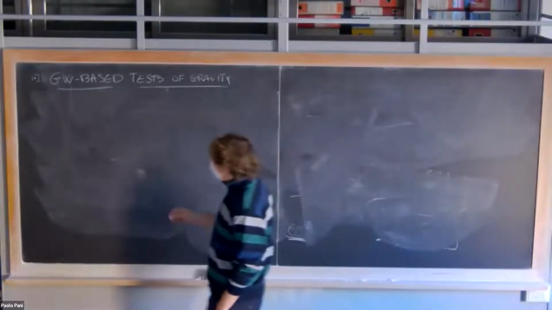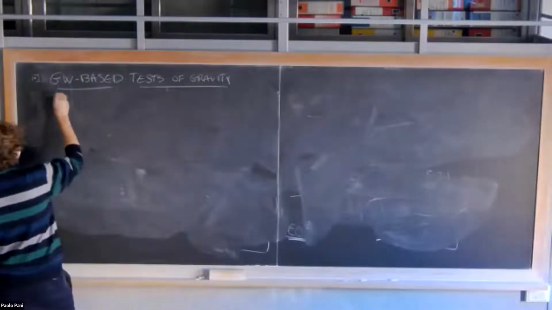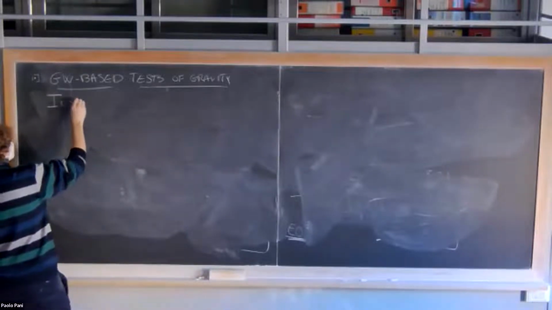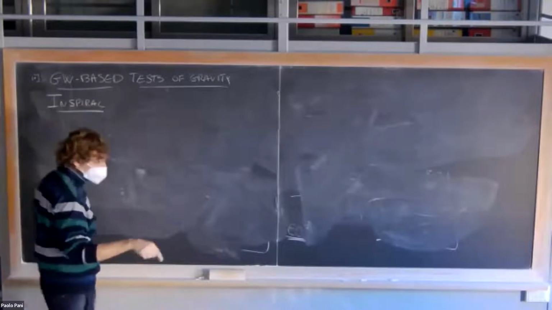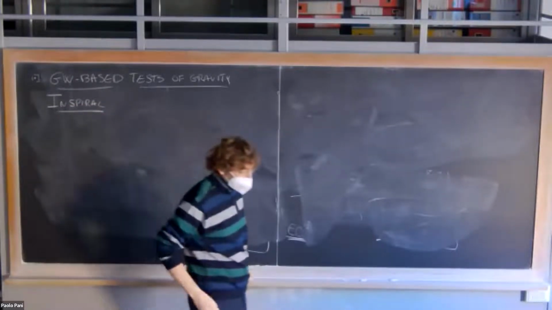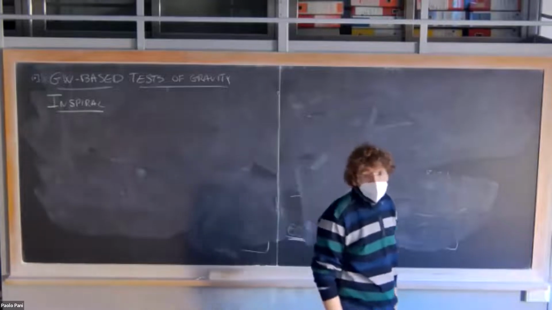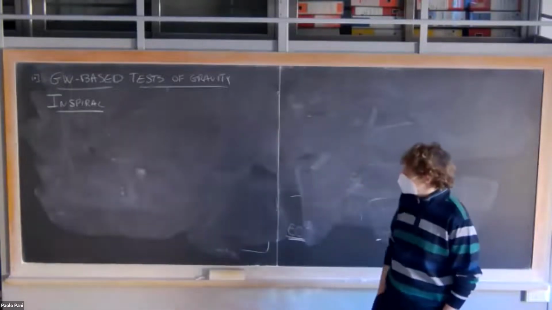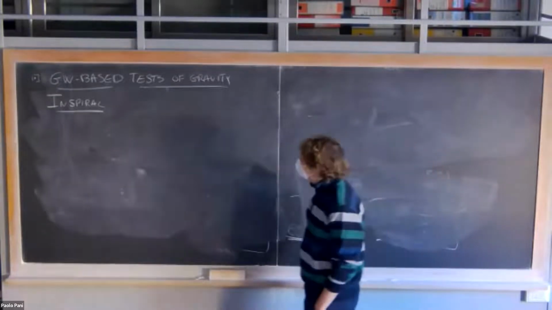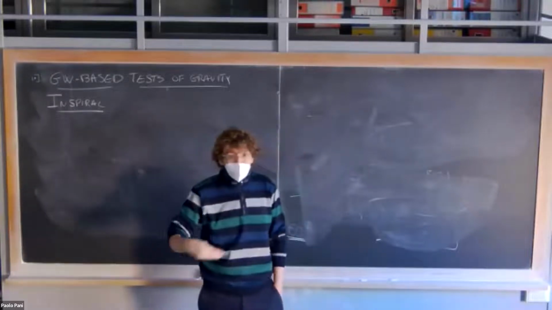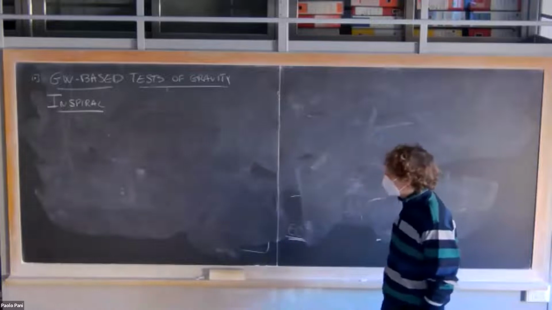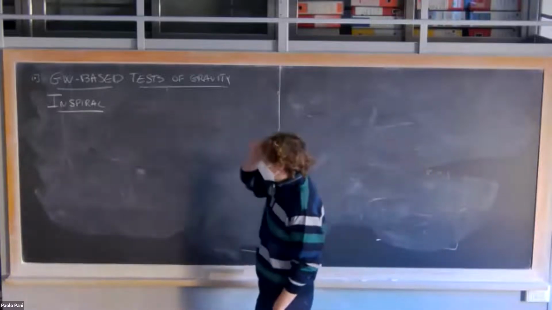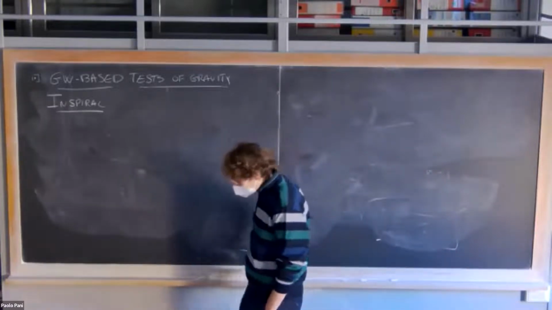So today I will focus on the inspiral mostly, which is the initial coalescing phase when the two objects approach each other by emitting gravitational waves. Tomorrow I will mostly focus on the merger and the ringdown, so the final phase of the coalescence and the post-merger phase. So for today, I will focus on the inspiral.